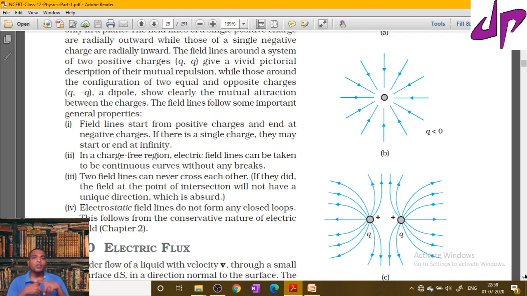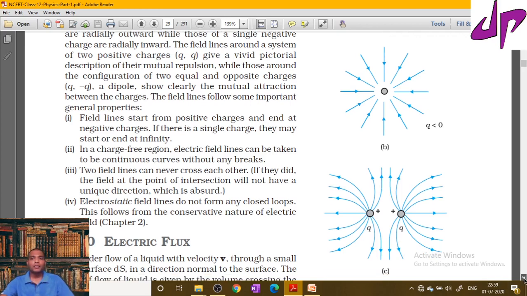If there is a point of intersection, at that point two directions will be there. That is not possible, two electric field directions at the same place. That's the impossible case. So that's why electric field lines can never cross each other. They are all individual lines.